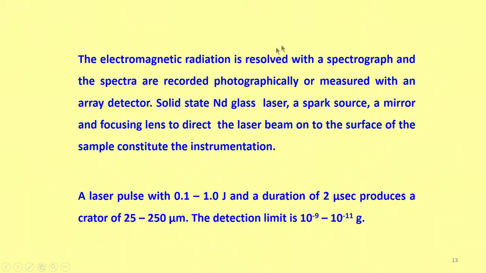We have to resolve the electromagnetic radiation using a spectrograph, that is, using a prism. What prism? Quartz prism. So, the spectra are recorded photographically. You just put your sample and a photographic plate. If the sample is there, the intensity of the radiation coming out will be less if it is absorption.